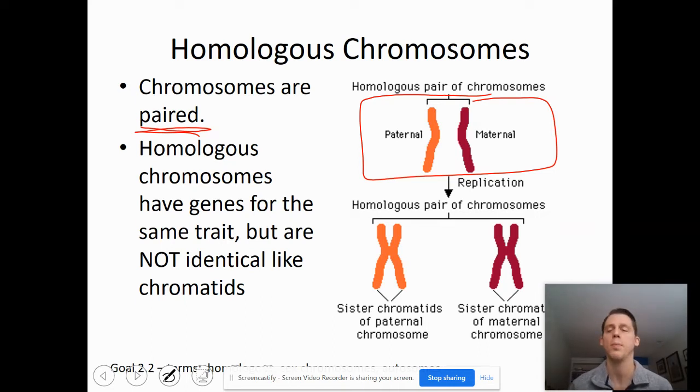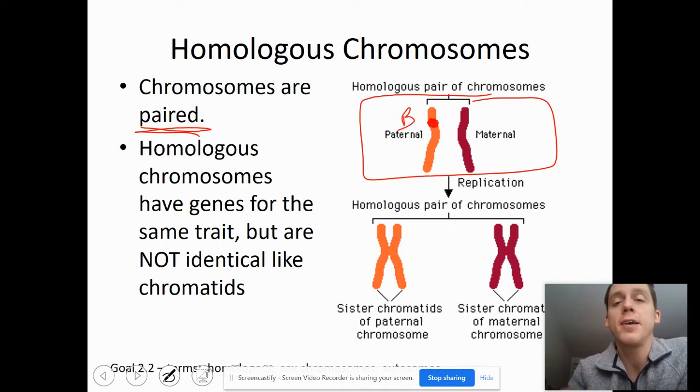So a homologous pair might contain the same genes, for example. So let's say on the paternal chromosome, you've got a gene here, where I'm circling in red, and this gene is for brown eyes. On the maternal homologous pair, there's still going to be a gene there for eye color, but is that eye color gene going to be for brown eyes specifically?